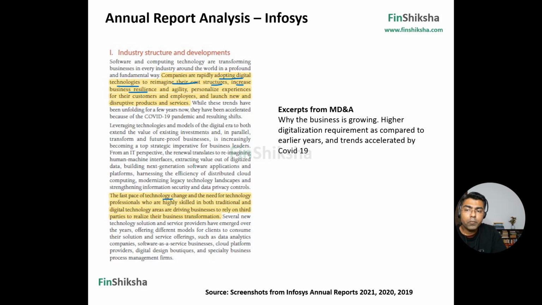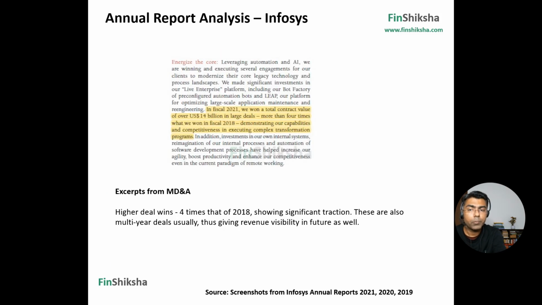The fast pace of tech change and the need for technology professionals who are highly skilled in both traditional and digital technology areas are driving businesses to rely on third parties to realize their business transformation. So a financial services firm or a manufacturing firm finds it difficult to get direct tech talent, which is why outsourcing forms a big component of the overall work.